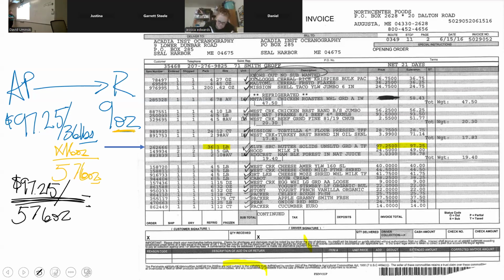Oops, I did multiply. We get 0.1688. So that's 17 cents per ounce. Multiply by our 9 ounces needed.